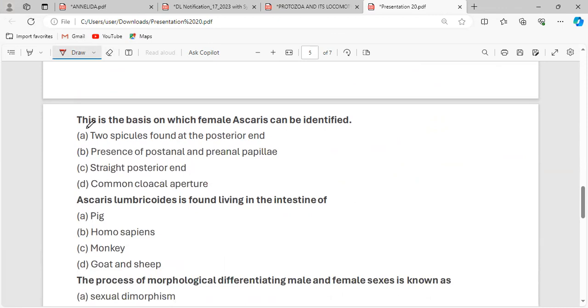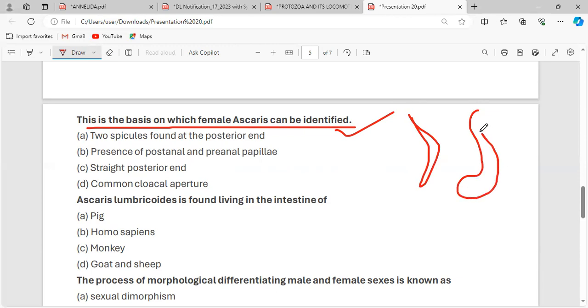Now, this is the basis on which the female Ascaris can be identified. I have explained that in case of a female, there is a sharp posterior end. In case of a male, there will be a blunt end like this. The same thing will be reflected in the question.